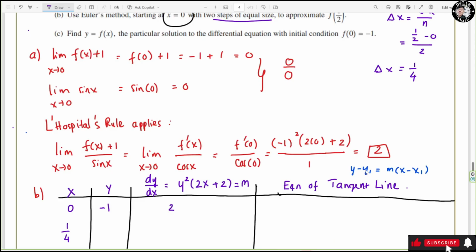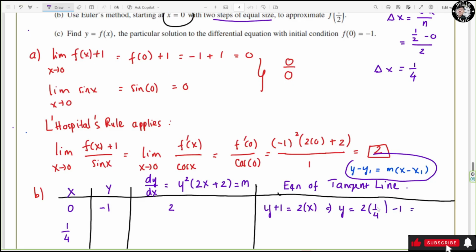So for the equation of the tangent line, we're going to use this one right here. So we have y minus negative 1, which is y plus 1, equals 2 times (x minus 0). So it could be x only, right? Substitute 1 over 4 for x. So you have y equals 2 times 1 over 4 minus 1.